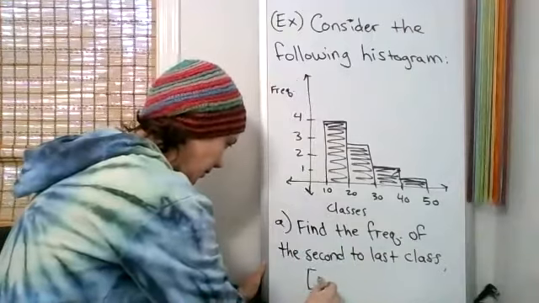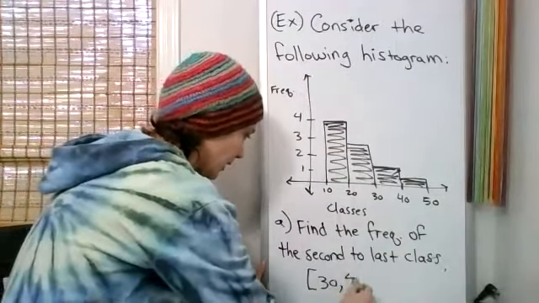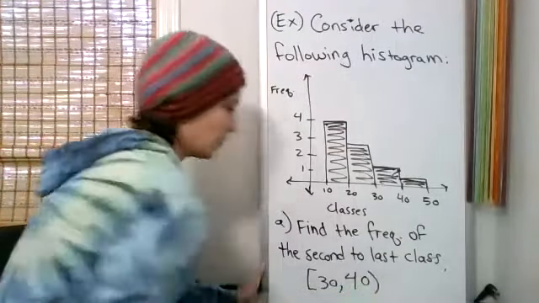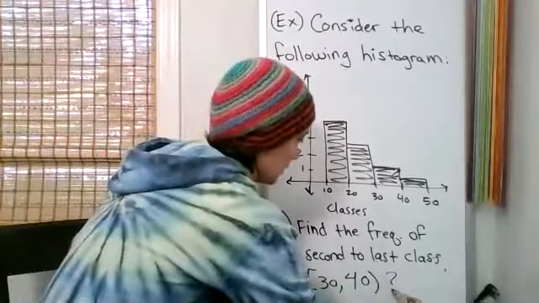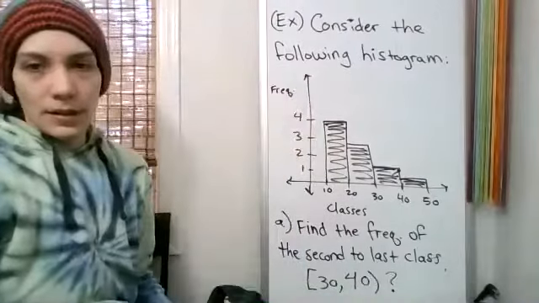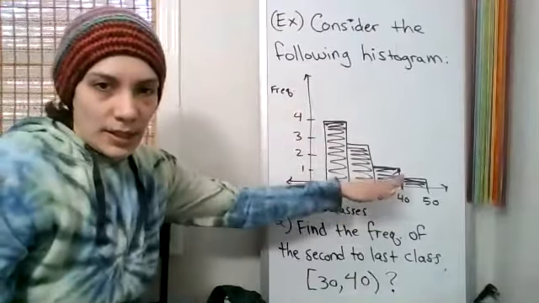It includes 30, it goes over to 40, it doesn't actually include that one. Okay, so we go here and get that height.